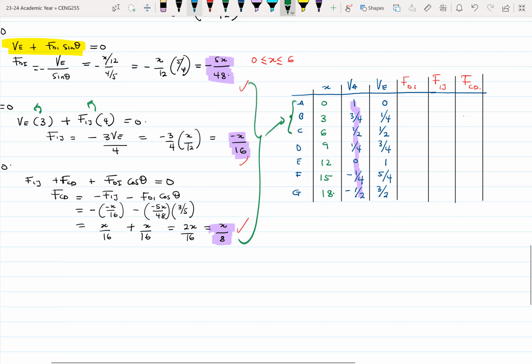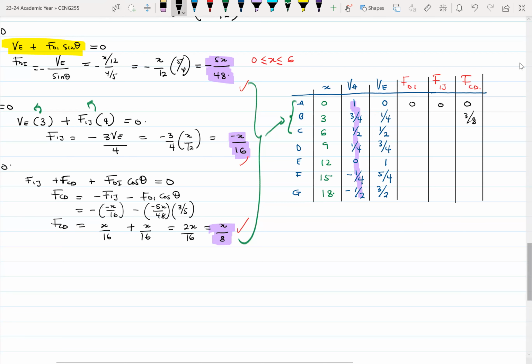So if x is 0, all of them are 0. If x is 3, then for FCD we get 3/8. I'm correct, 3/8.